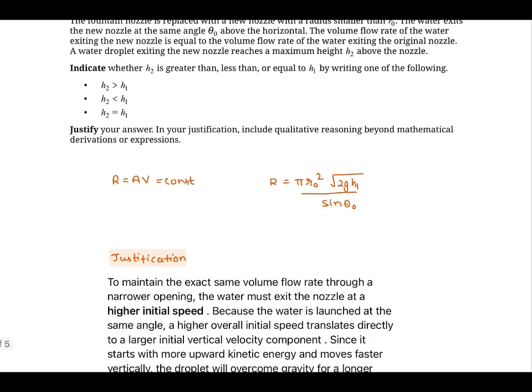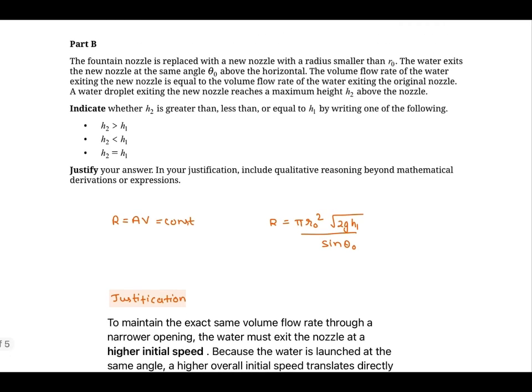So once again, with the formula approach, it is very easy. I can say that if R is maintained constant because they have said that volume flow rate of water is constant, and if volume flow rate of water is constant, this R is constant. So if this R is constant and area is decreased, then definitely velocity has to be increased.